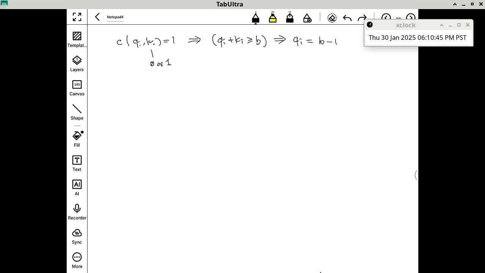Nope, qi has to be b minus 1, not 0. If b is 2, then q of I has to be 1, because 2 minus 1 is 1.